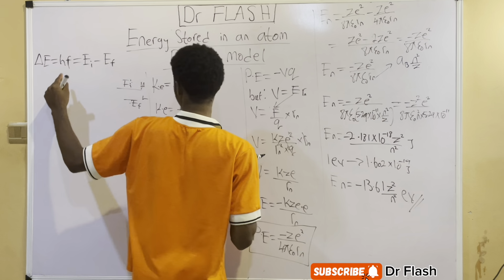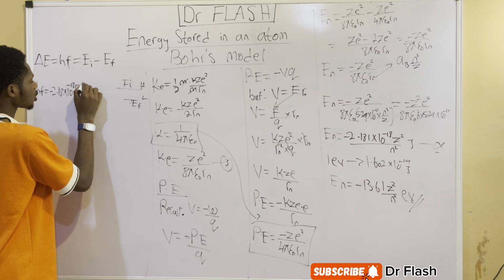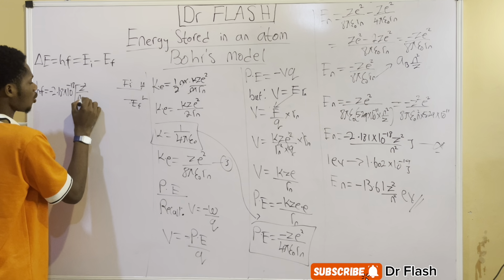So we'll have minus 2.18 times 10 to the power of minus 18, times, in brackets, z squared divided by ni squared for the initial. That's what we're having here. The reason I'm putting this one in brackets is because I don't want to write it twice.